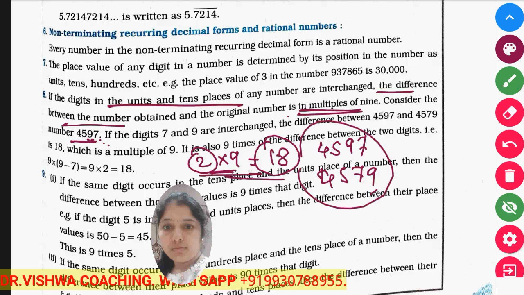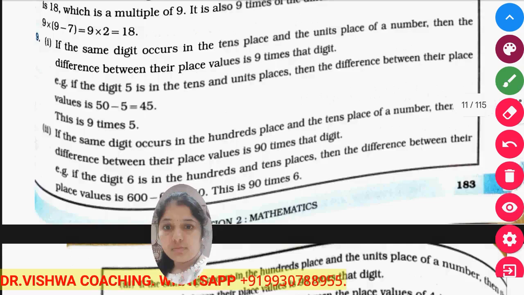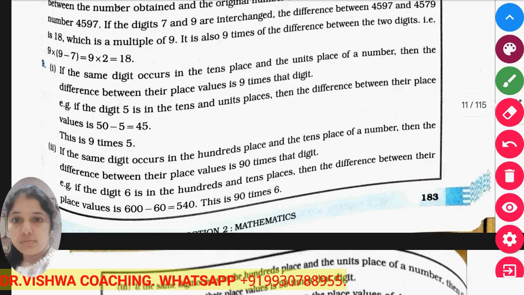You can check after subtraction. Okay, so if we interchange the position of the unit place and tens place digits, the difference between the new number and the original number is a multiple of 9 times the difference of the 2 digits. So in between the digits also we have to find the difference.